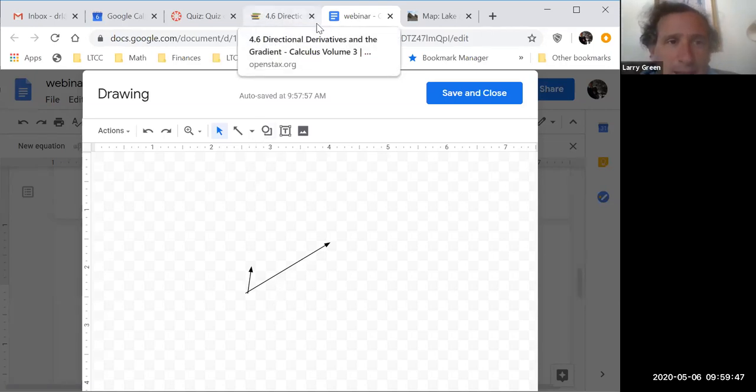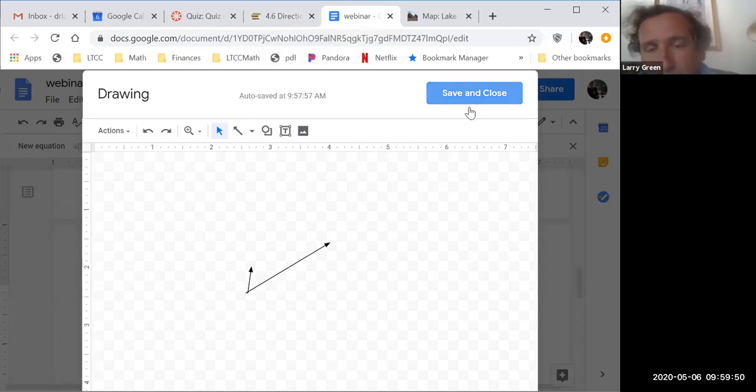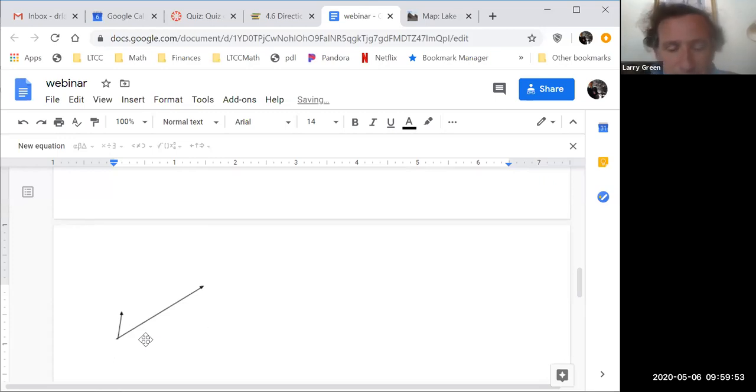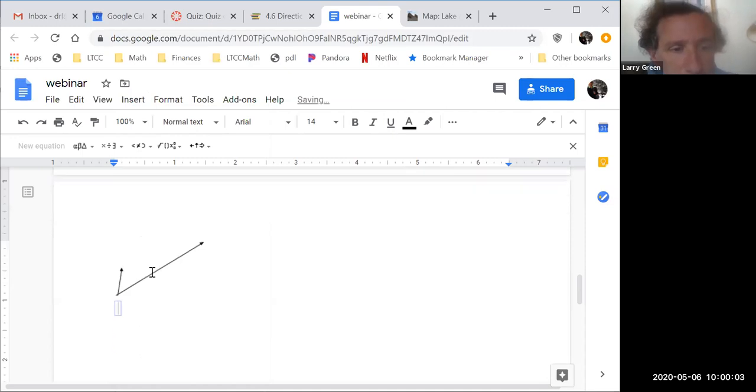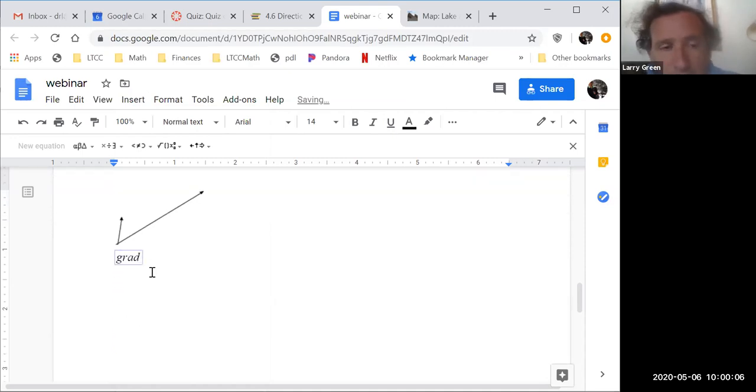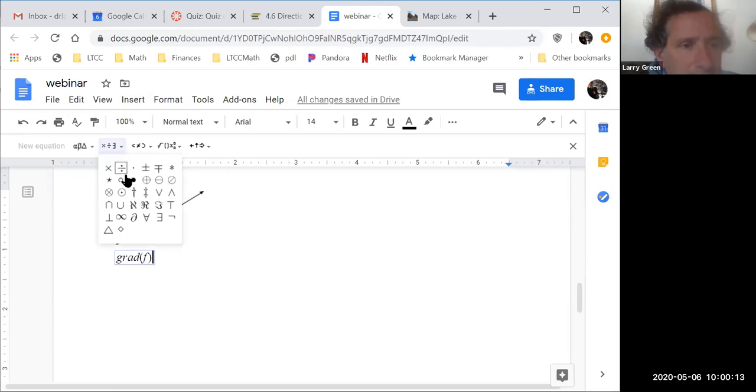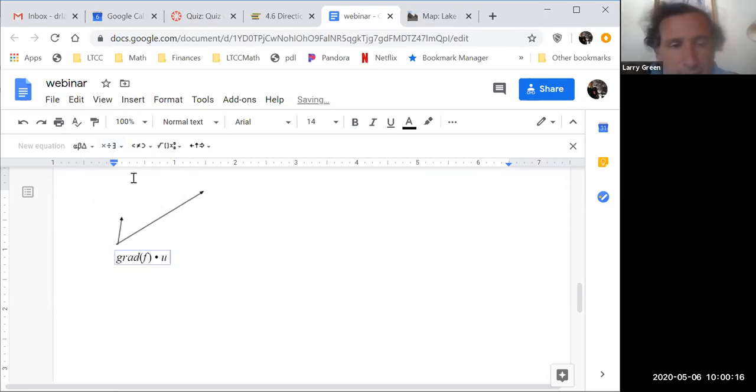So now let's go back. And remember that the gradient of f dotted with u is equal to the magnitude of the gradient of f times the magnitude of u, but that's times 1, so I don't need to write it down, times the cosine of the angle between them.